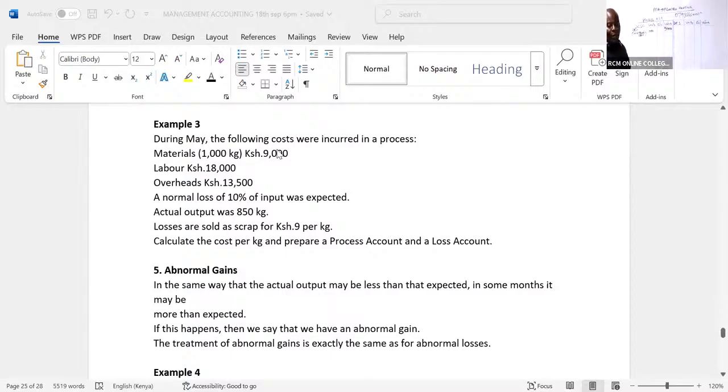Remember, once you have brought in the main material, now you need to bring what we call conversion. Conversion is made up of two items, labor and overheads.